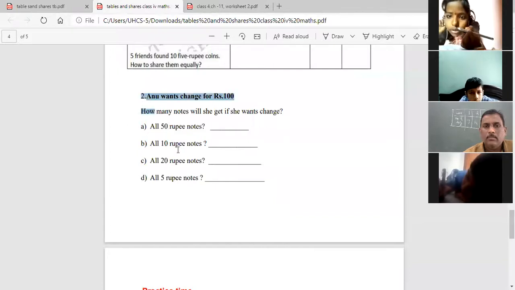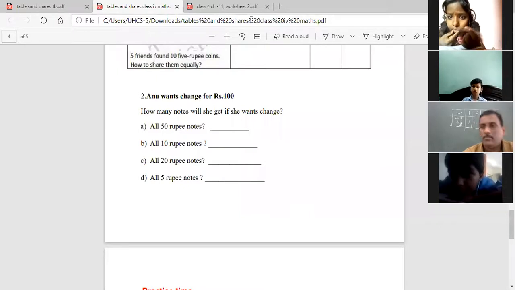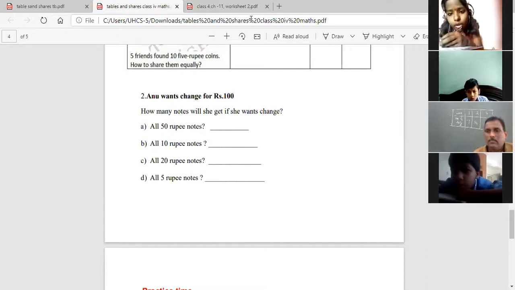This is a little tricky question. You have to use your brains. Use it and give the answer. Anu wants change. How many notes will you get if you want change for 100 rupees in all 50 rupee notes? She needs 2 notes.